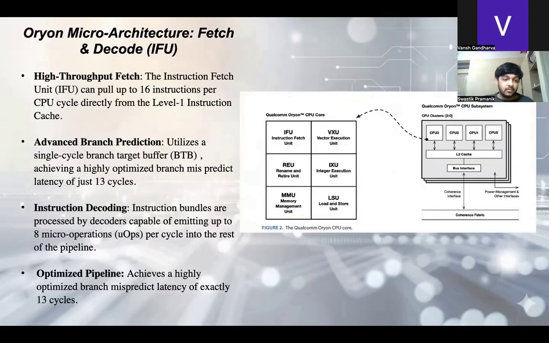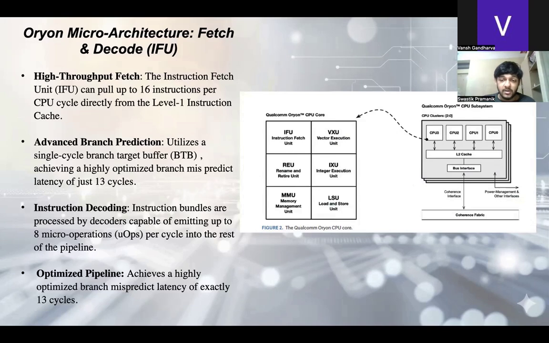Now we'll go into the fetch and decode part of the Orion CPU. The processor can fetch up to 16 instructions per cycle, which is extremely fast. It uses branch prediction, reducing delays when the CPU guesses the next instruction. And then we have instruction decoding.